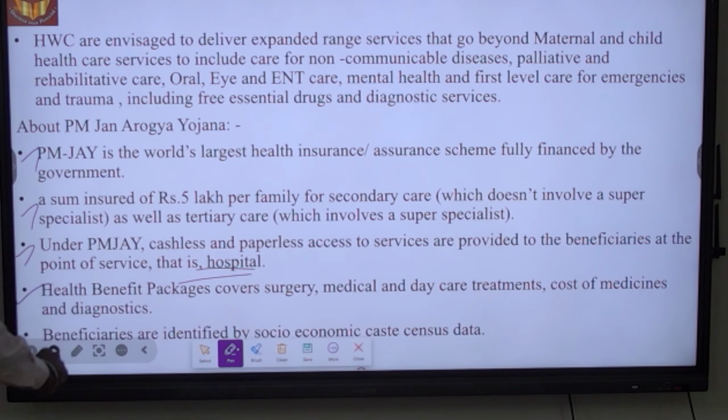The health benefit packages cover surgery, medical and daycare treatment cost as well as the cost of medicine and diagnostics. Beneficiaries are identified based on Socio-Economic Caste Census data 2011.